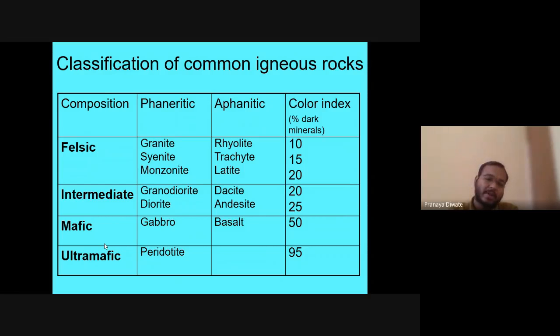So granodiorite is a rock having an average general composition, not having more basic material, not having more ultramafic material. So that is known as diorite. Diorite is the plutonic equivalent, and andesite is the volcanic equivalent of diorite.